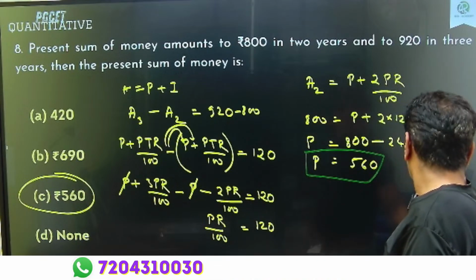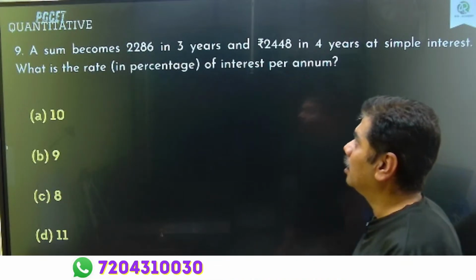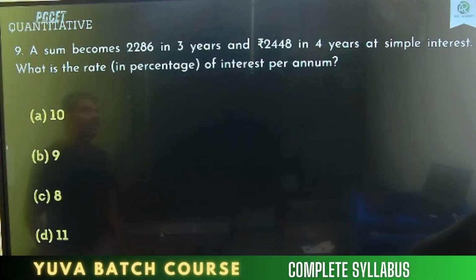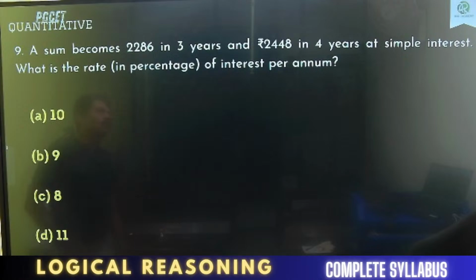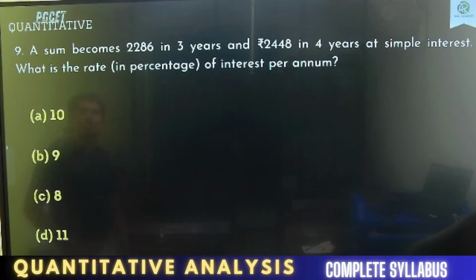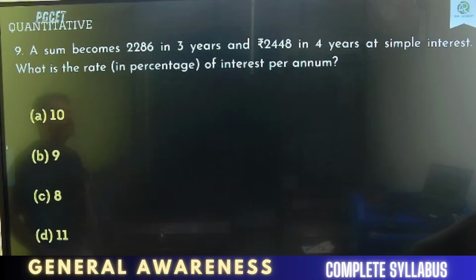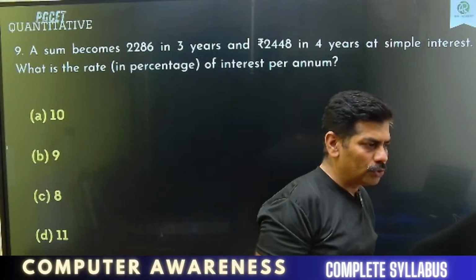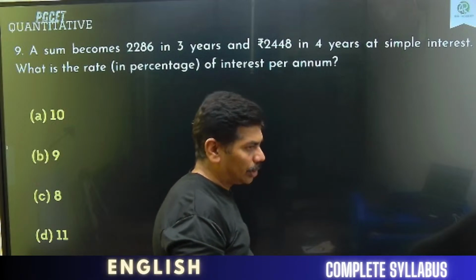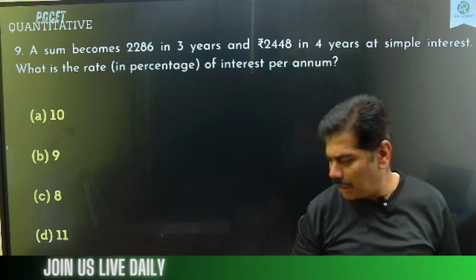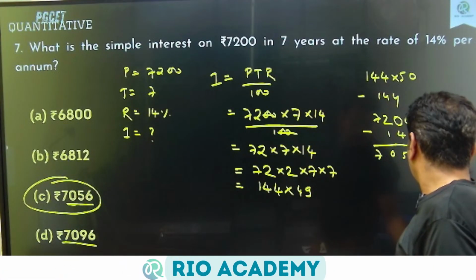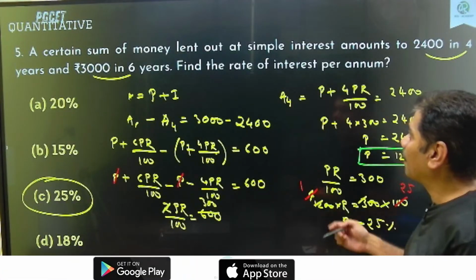Okay, if there is no doubt, let me go to the next question. A sum becomes 2286 in 3 years and 2448 in 4 years at simple interest. What is the rate of interest per annum? I want you people to solve it, because this question is exactly like this one.